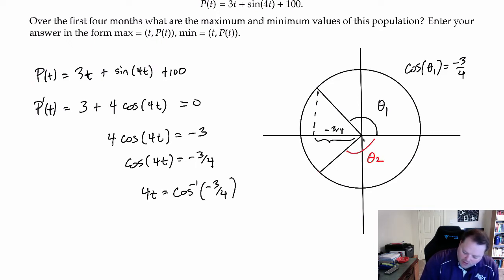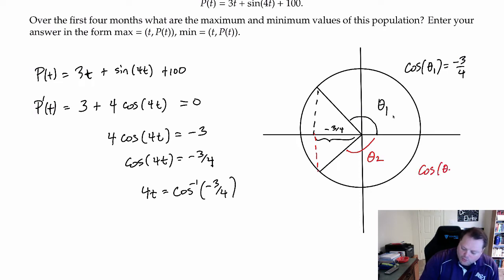And that angle also has the same x distance on the unit circle. So cosine of theta 2 would also be negative 3/4. Now, what is your calculator going to tell you, and then how do you adjust for the calculator's value? That's the important part.